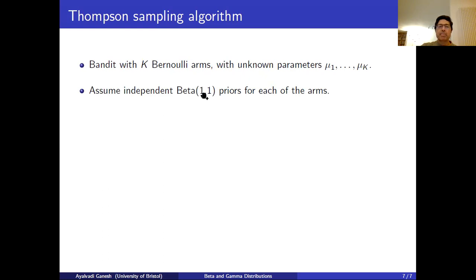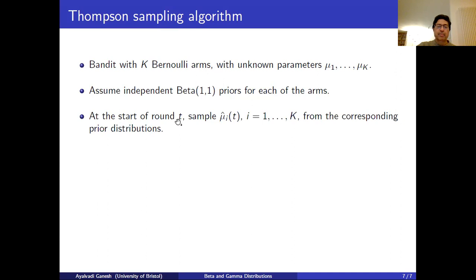I could have chosen any parameters alpha and beta I like, but we are going to choose 1, 1. This was also what Thompson chose. Your answer shouldn't be too sensitive to this so long as the parameters you choose are small, but 1 is a common choice. So we'll choose this as the prior.